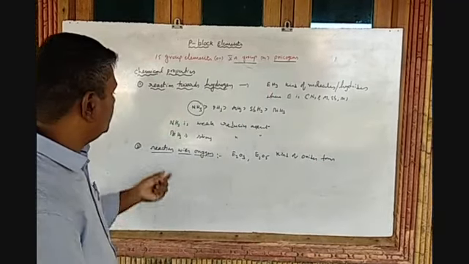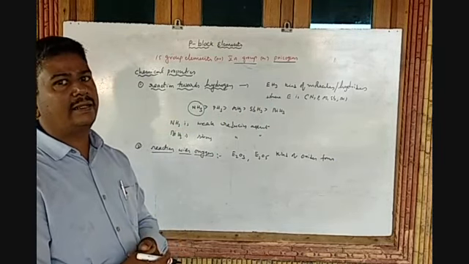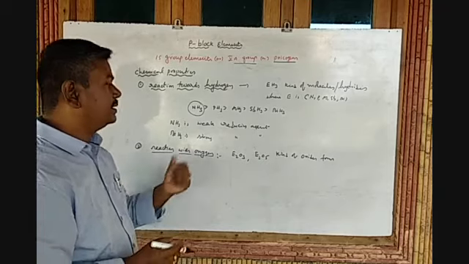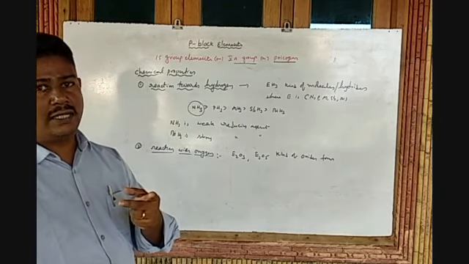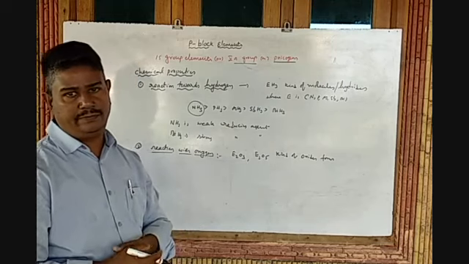So observe here, when these group elements react with oxygen, two kinds of oxides are formed here. One is E2O3 and the other is E2O5.